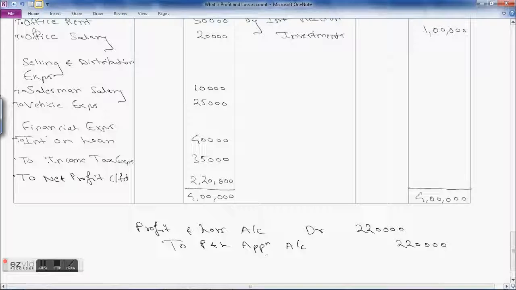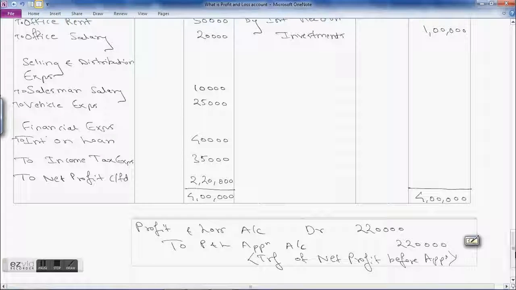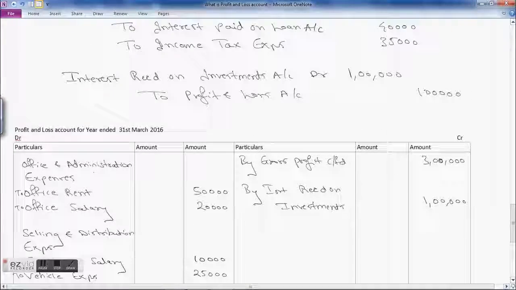If there is a net loss, your entry will be profit and loss appropriation account debit to profit and loss account. So this is for transfer of net profit before appropriation.